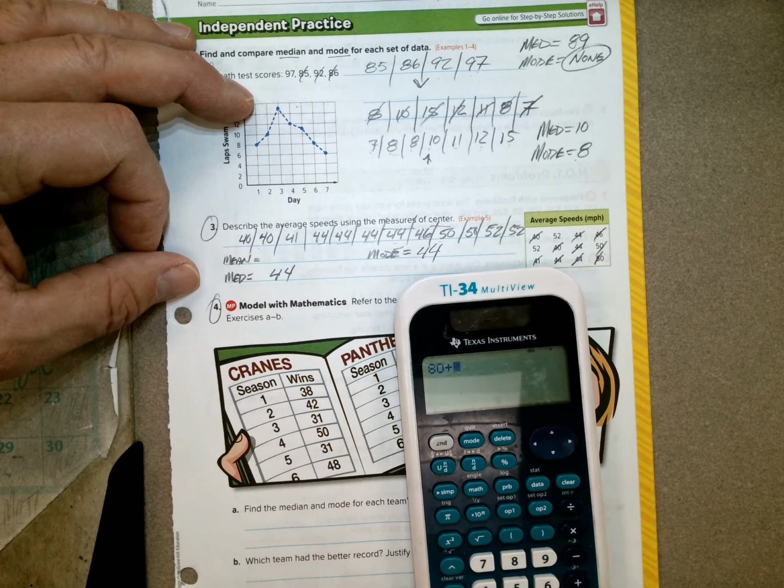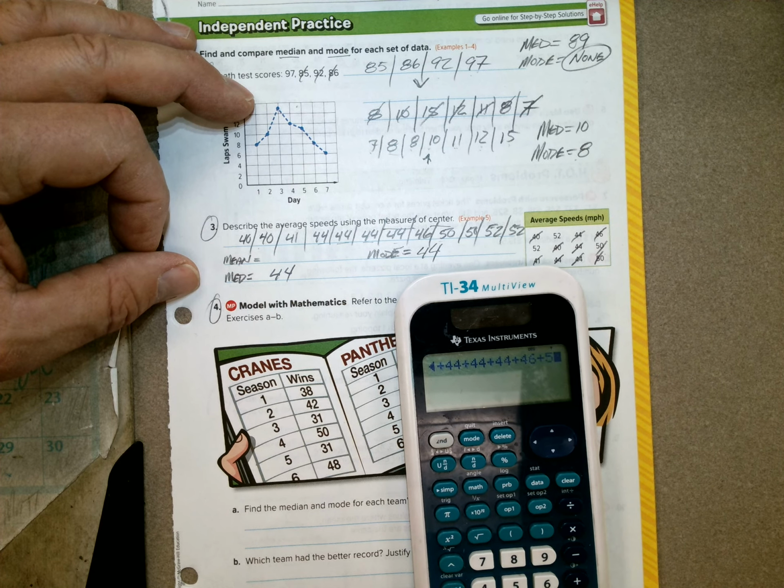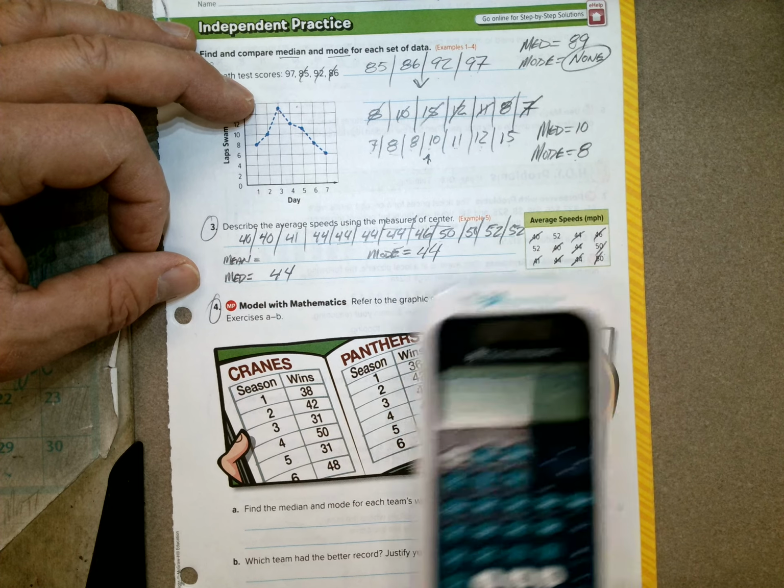40 plus 41 plus 44 plus 44 plus 44 plus 44 plus 46 plus 50 plus another 50 plus 52 plus 52 equals 574.